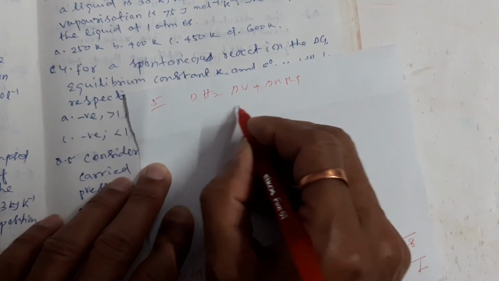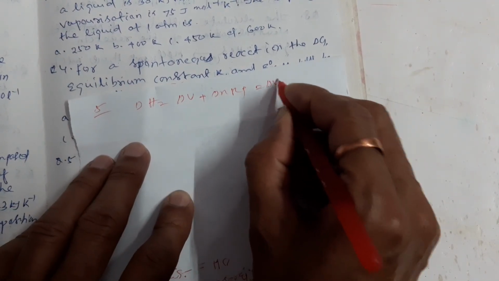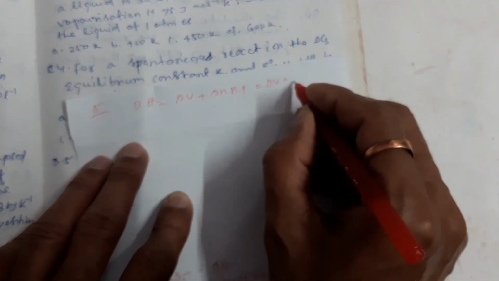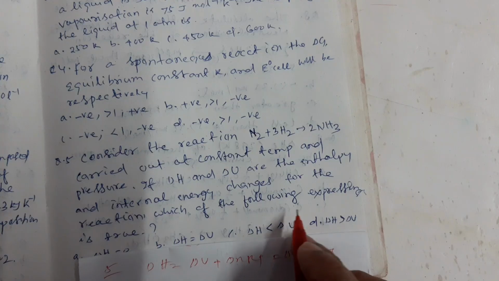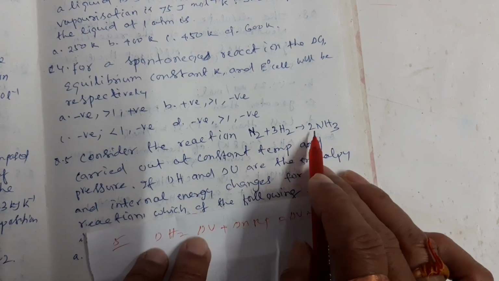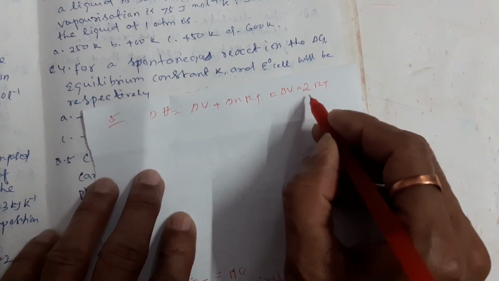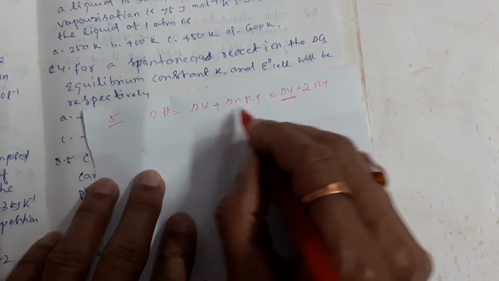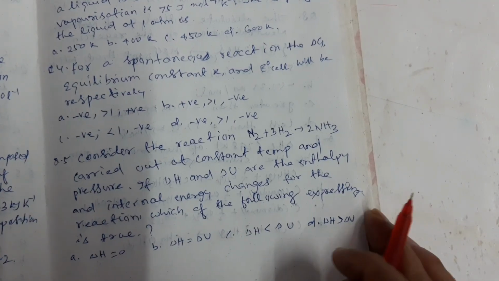For this reaction, your delta n is minus 2, so it is minus 2 RT. Why is this minus 2? Because this is 2 and this is 4, so 2 minus 4 is equal to minus 2. So U is greater than H. Choice C is the correct answer.